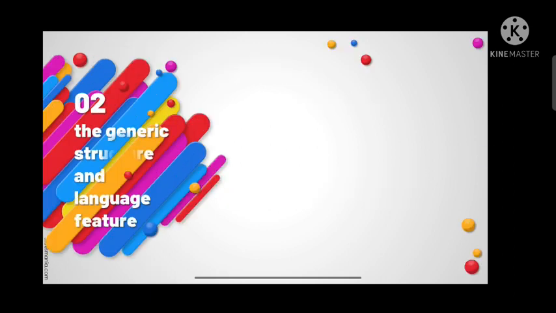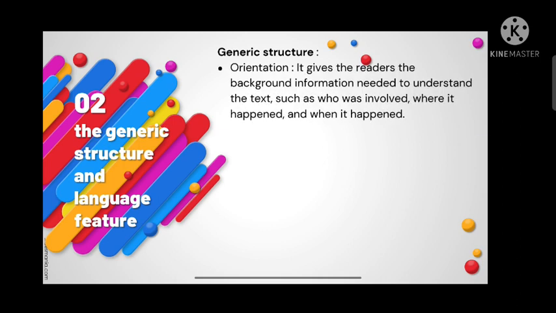The second, the generic structure and the language feature. The generic structure, the first, is orientation. It gives the reader the background information needed to understand the text, such as who was involved, where it happened, and when it happened.